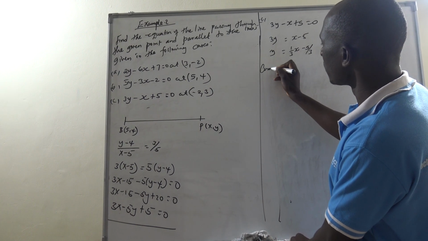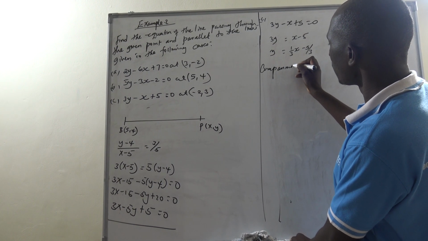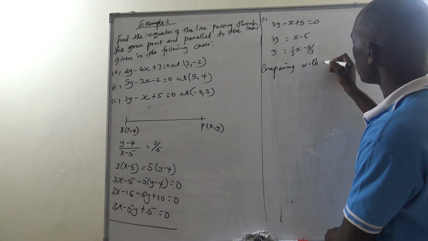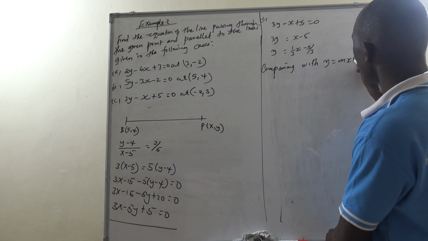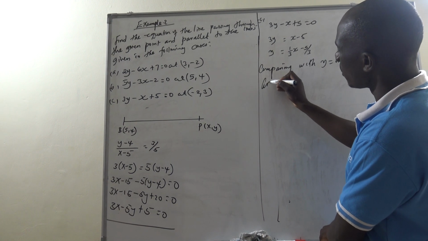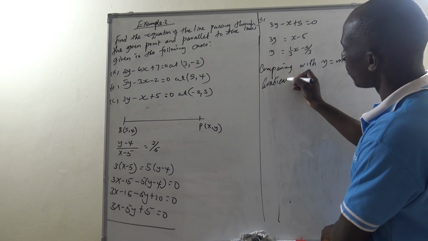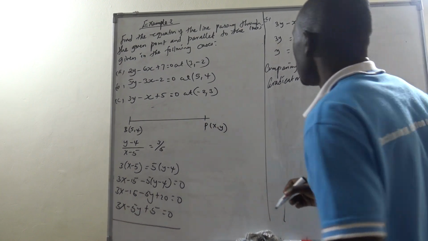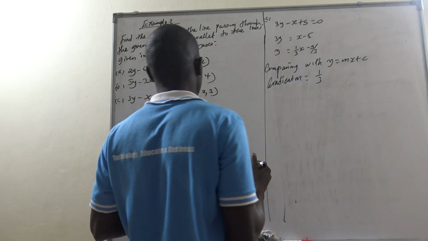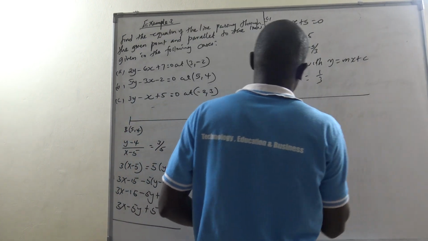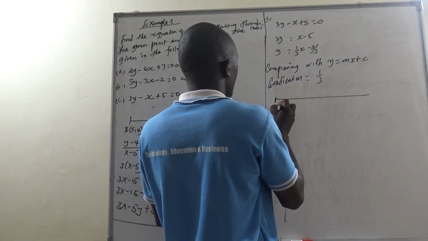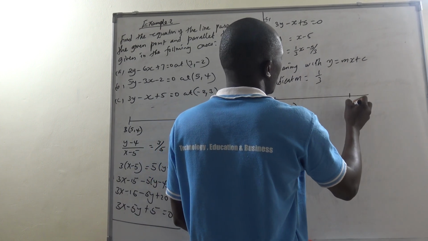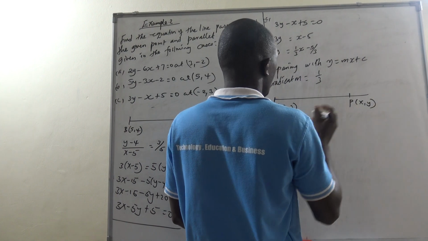Still comparing with y equals mx plus c. So what is the gradient? So our gradient m equals a third. So we can choose that this point of ours is point A, and point A is given as negative 2, 3, and this is point P, which is x, y.